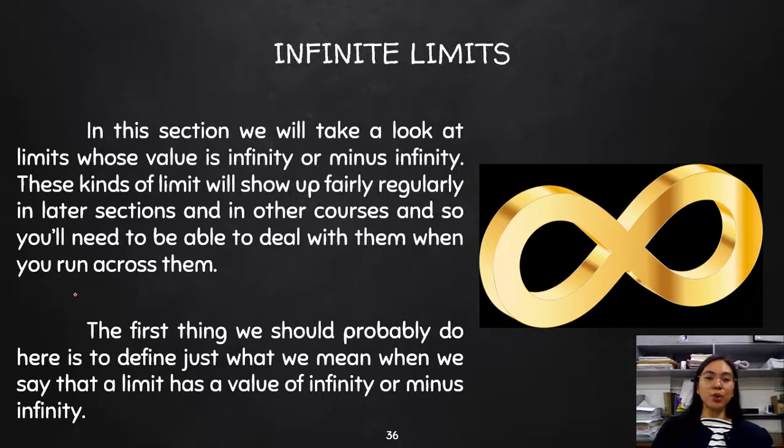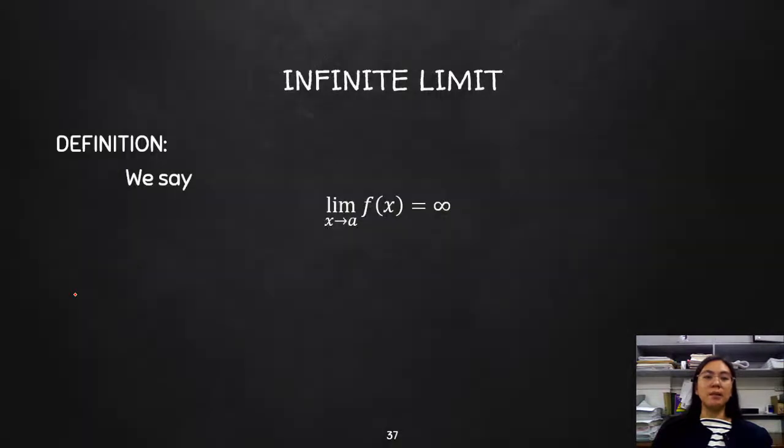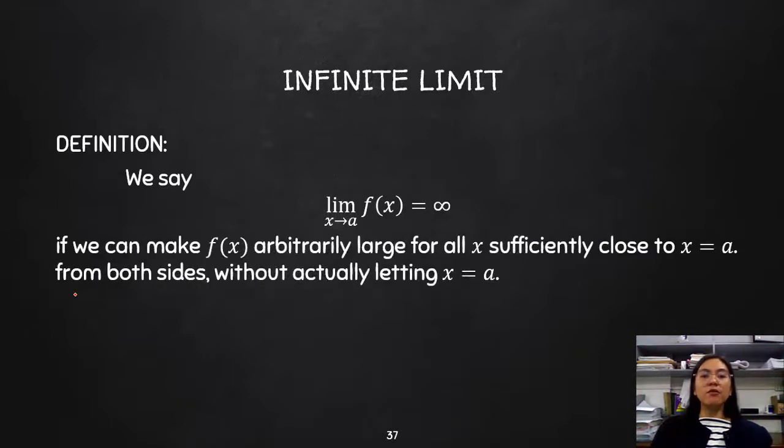So, the first thing that we should probably do here is to just define what we mean when we say that the limit has a value of infinity or minus infinity. So, we say that the limit of the function f of x is equal to infinity as x approaches a if we make f of x arbitrarily large for all x sufficiently close to x is equal to a from both sides without actually letting x be equal to a.